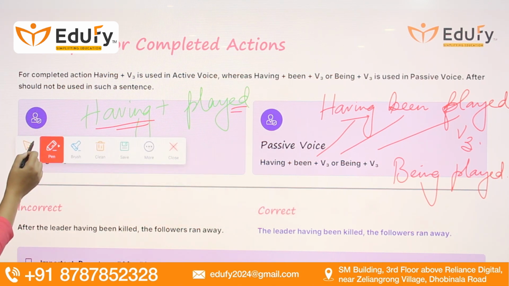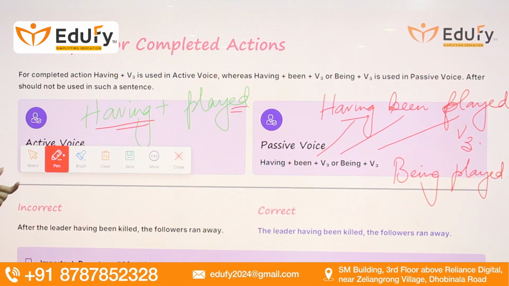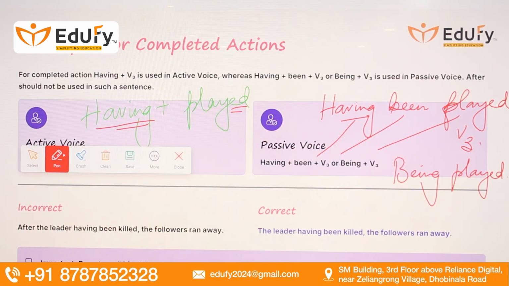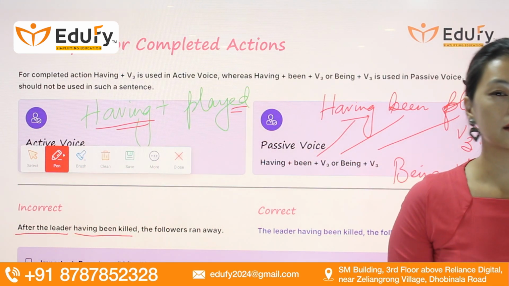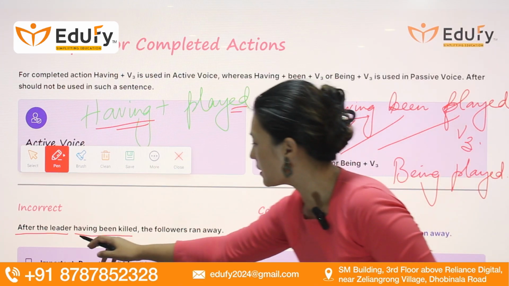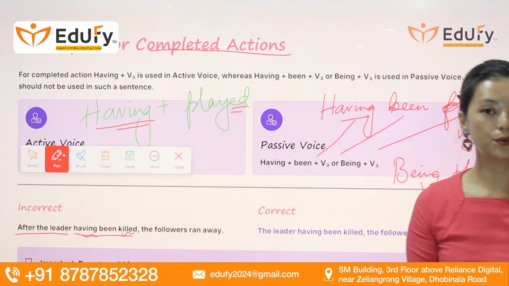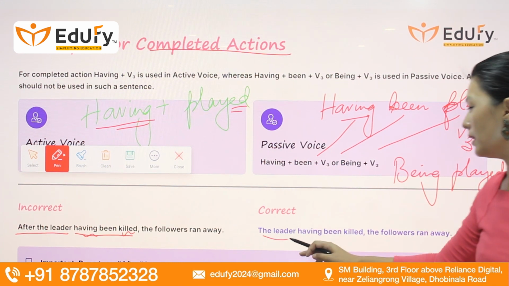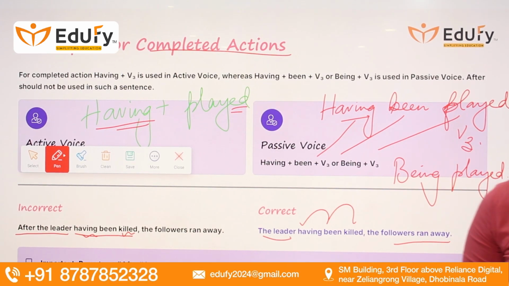Now let's take a look at what roles they play within the sentence, right? So if I write, after the leader having been killed, the followers ran away. Now what do we see here? We see that there is a continuous action, but then at the same time it is what? Completed action as well. Yes or no? So how do we use this within the sentence? The leader having been killed, the followers ran away.